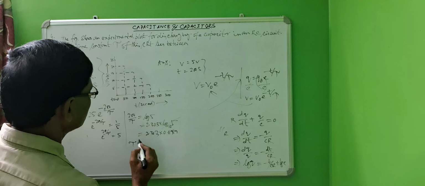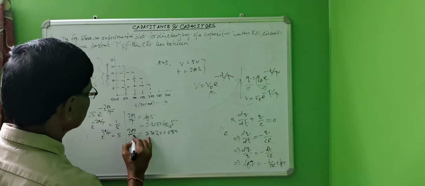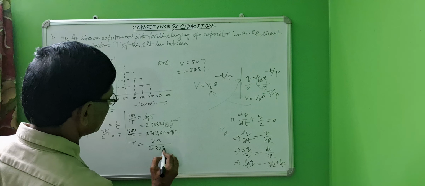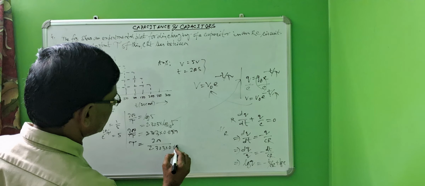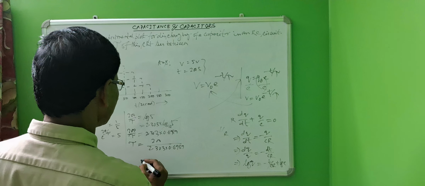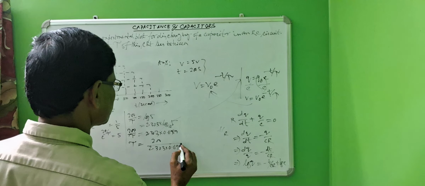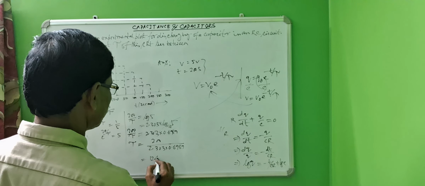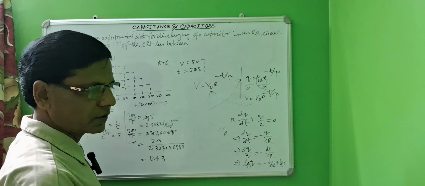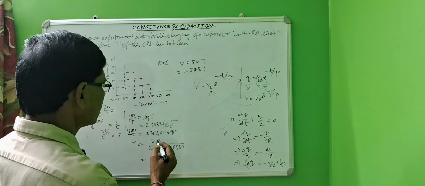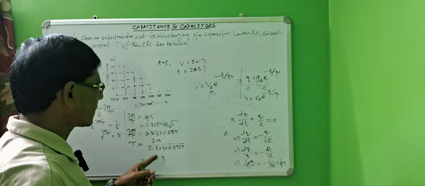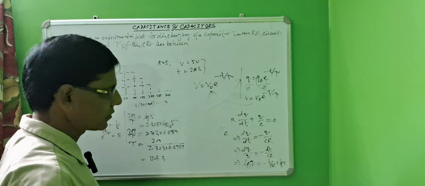This implies tau equals 200 upon 2.303 into 0.6989. So ultimately this will get as 124.3. You can multiply this by calculator or by mobile, and then divide by this, you get this.